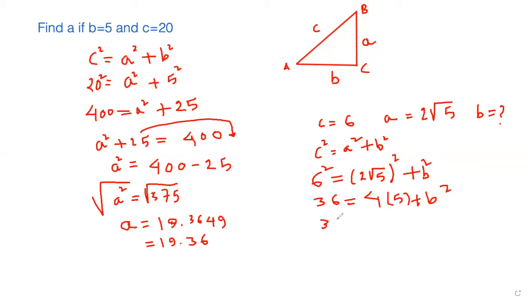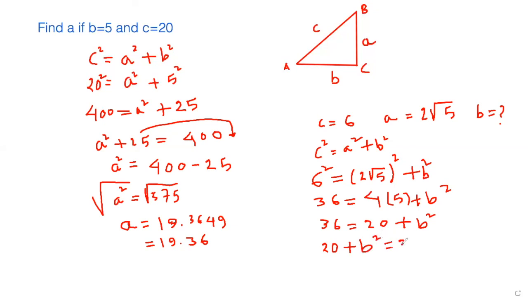So 36 equal to 4 times 5, which is 20, plus b square. We can rewrite it, bringing the left hand side to the right, so that my b is on the left hand side: 20 plus b square equal to 36.